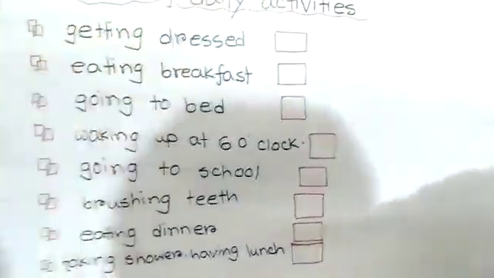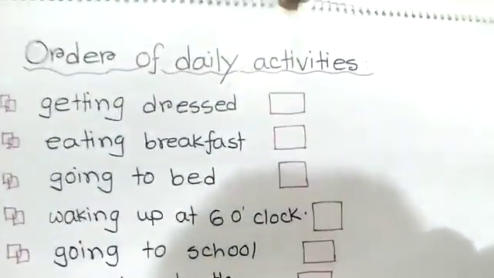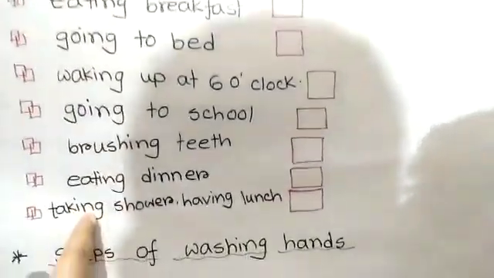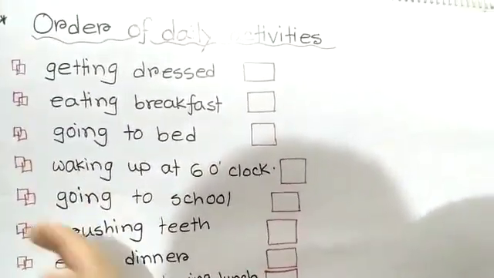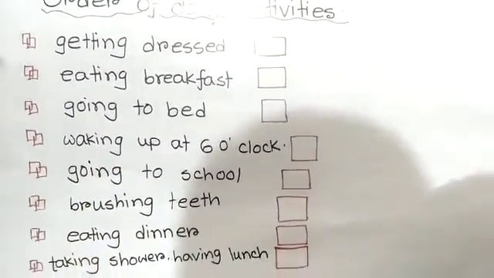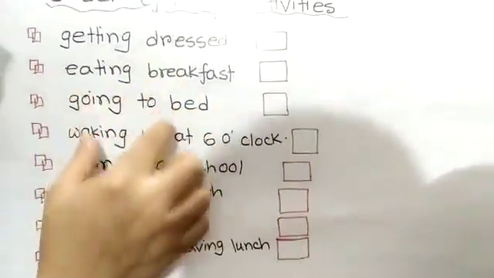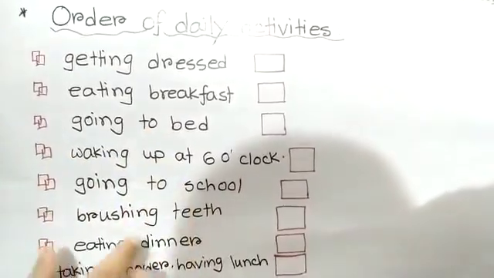Can you do that? Let's try. Okay, so these are the daily activities. Can you see? Here are some activities, but they are not in correct order, not in correct steps. You have to make it a proper sequence. But how? You have to put the number to make the daily activities a sequence.